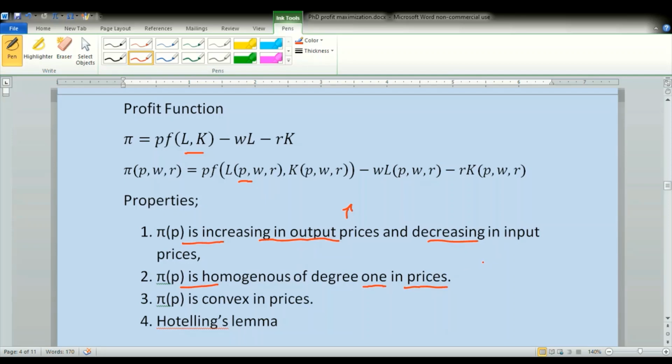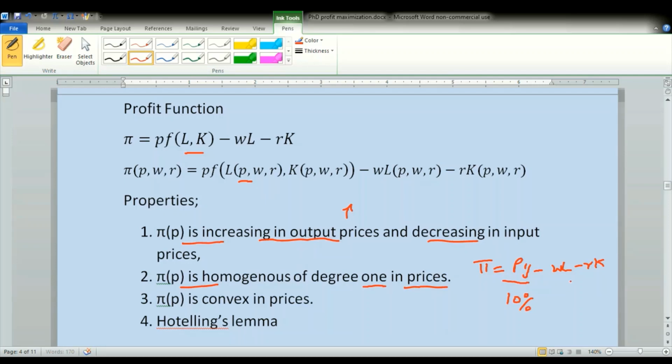See that this is your profit function. Suppose let us write it down like this: equal to P times Y minus cost, say W times L minus R times K. So if price increases by 10%, this means that this revenue will be increasing by 10%.